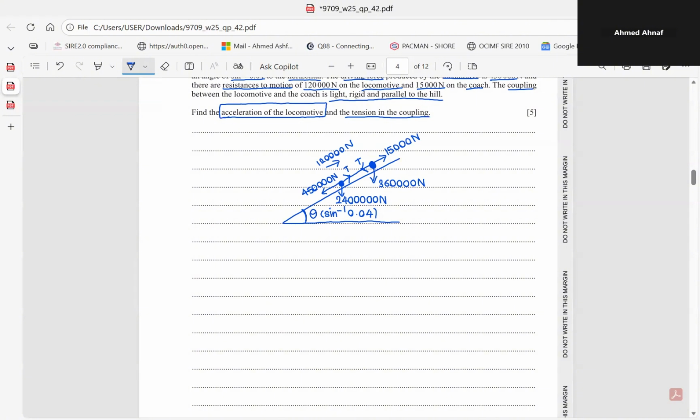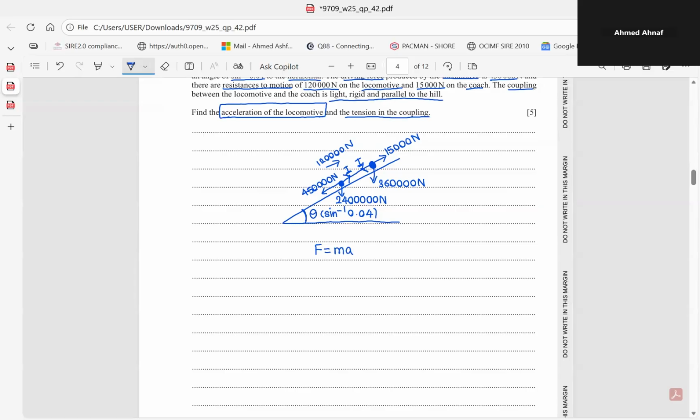Since we don't know what the tension is, we're just going to take the whole system as a whole. We're not going to separate it. Okay, so we're going to use F equals MA.